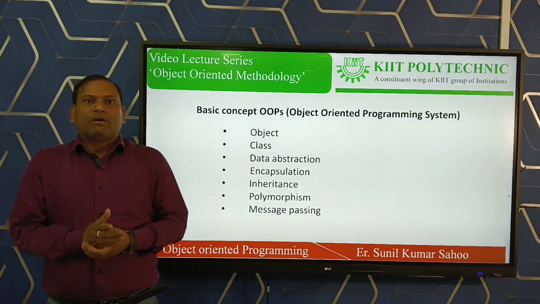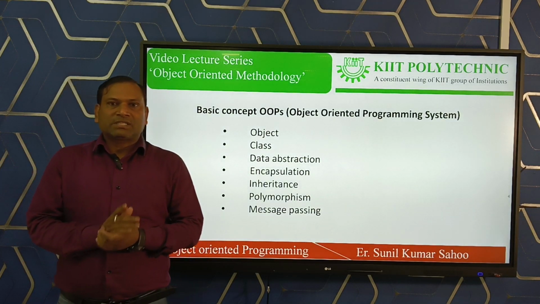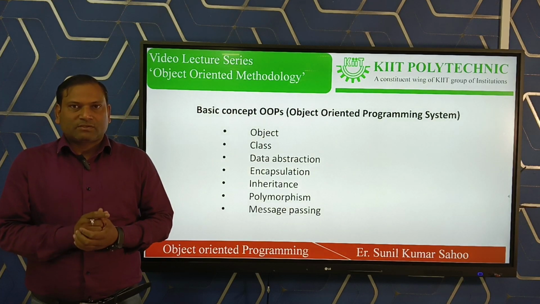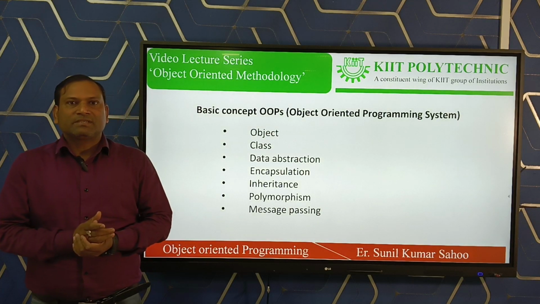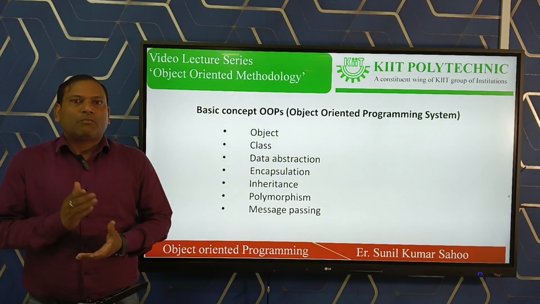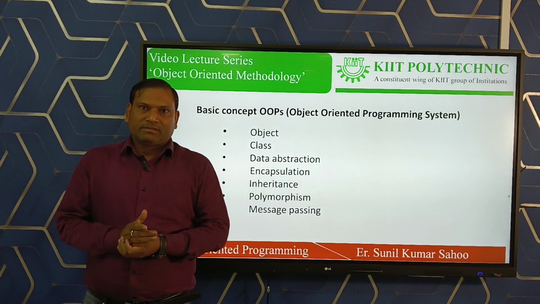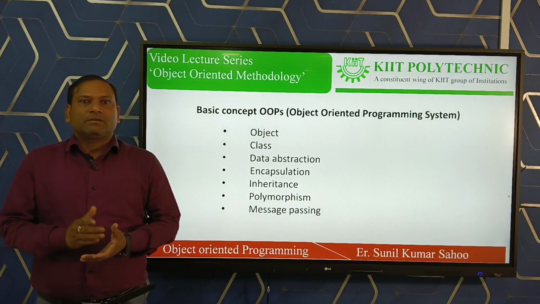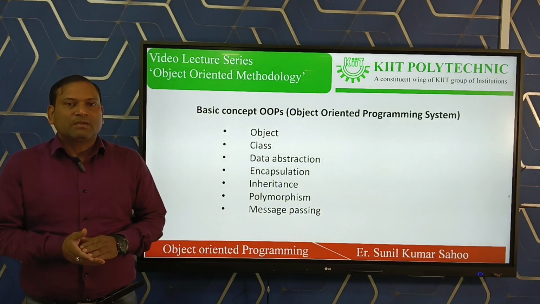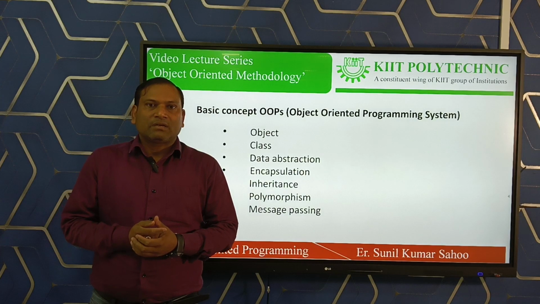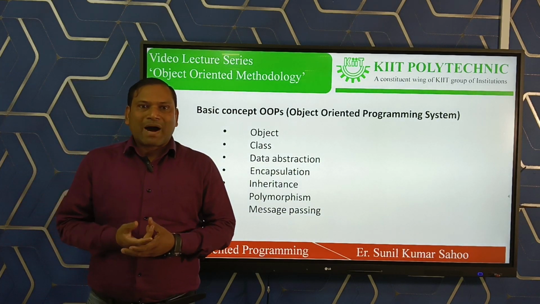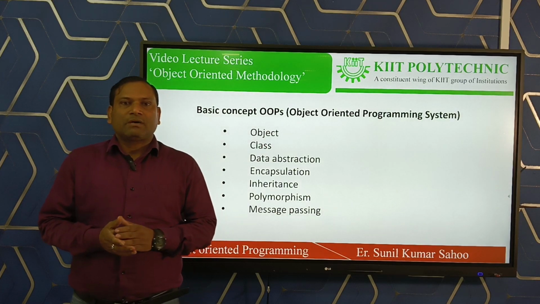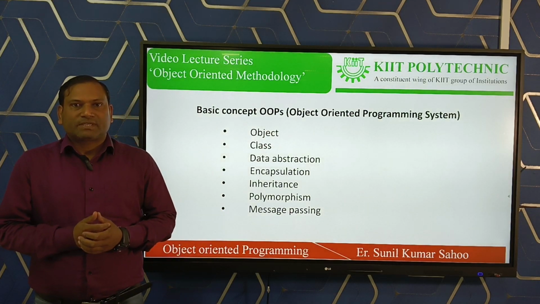A student or an object consists of two things. One is its features, another is the tasks performed by the object. Features means properties, like its color or his name, roll number, mark, that is the properties of the object.